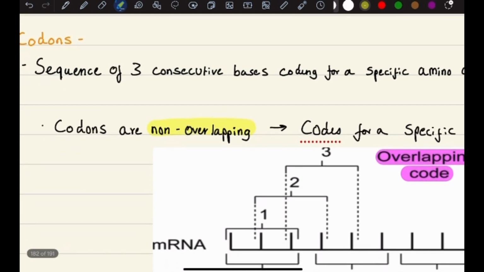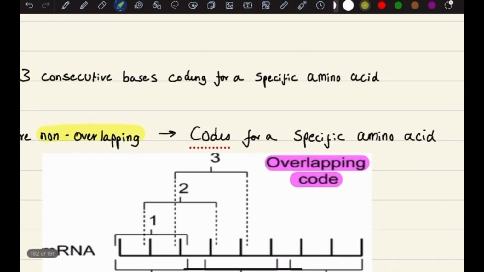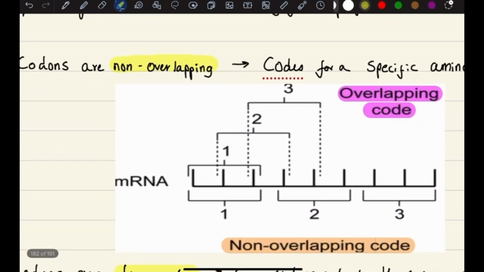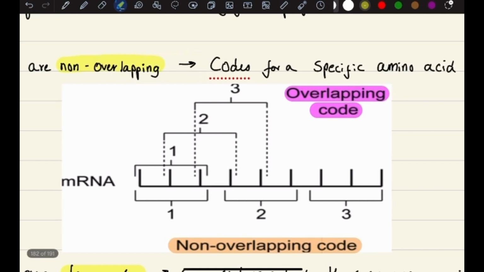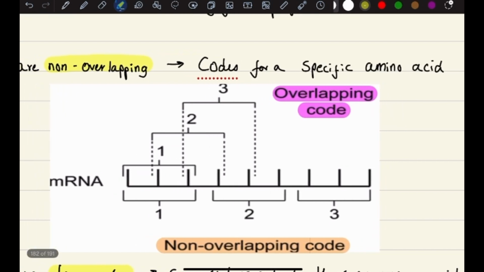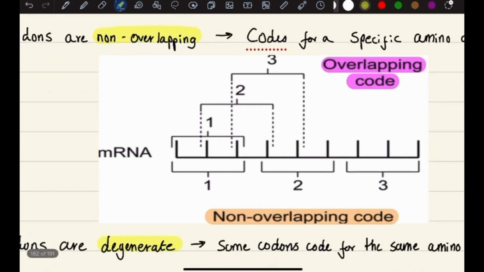So you need to know non-overlapping. They're all coding for a specific amino acid, which I feel is an awful definition to describe what non-overlapping is, but that's the one you would say in an exam. I'll show it here. If we look at the bottom, the non-overlapping code, you've got 3 bases, number 1, then you move on to the next 3, number 2, then the next 3, number 3.